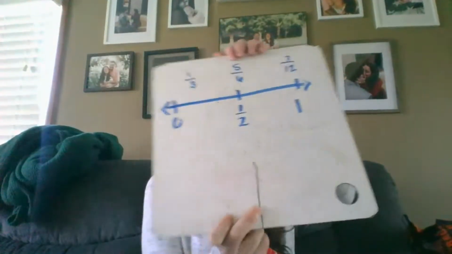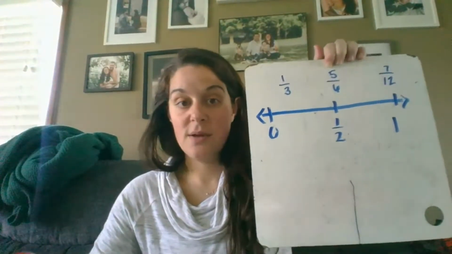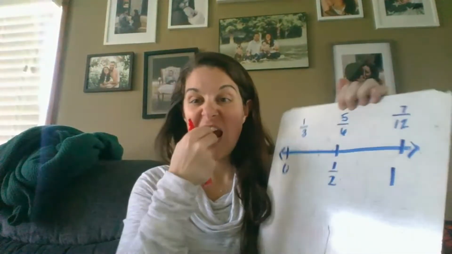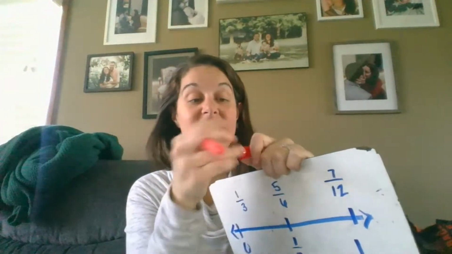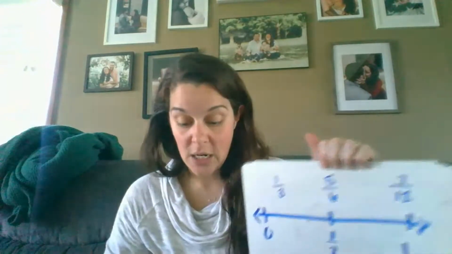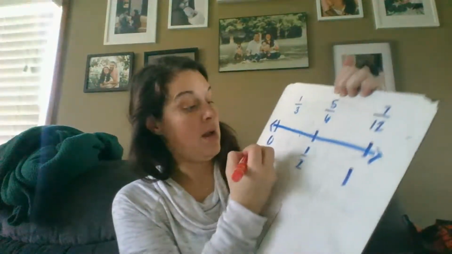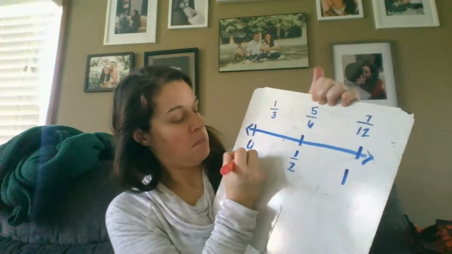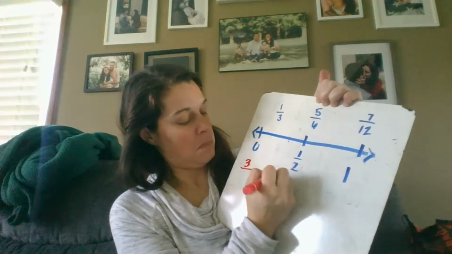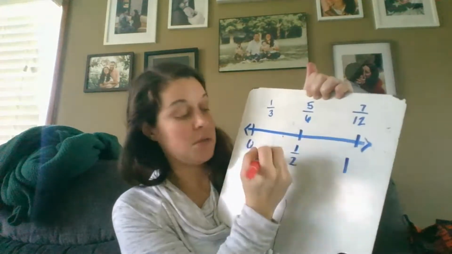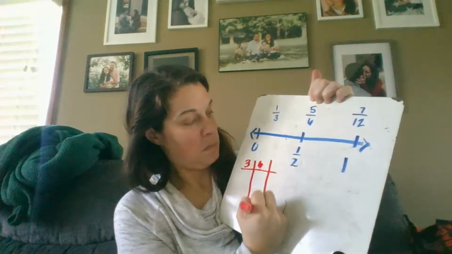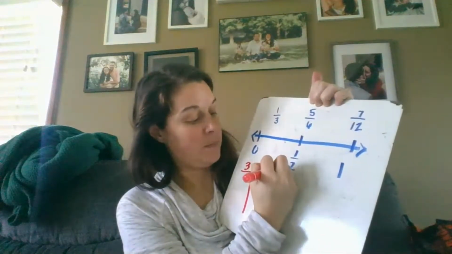Exactly. So what I'm going to do is make a t-chart, but this time I'm going to have 3 numbers in my t-chart. I'm going to have 3, 6, and 12.